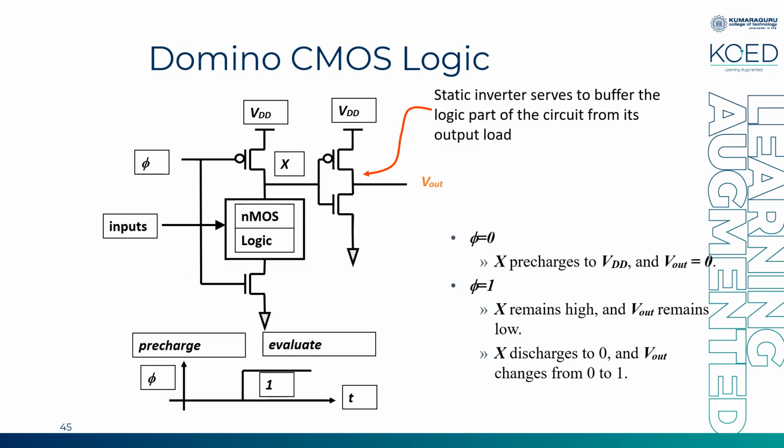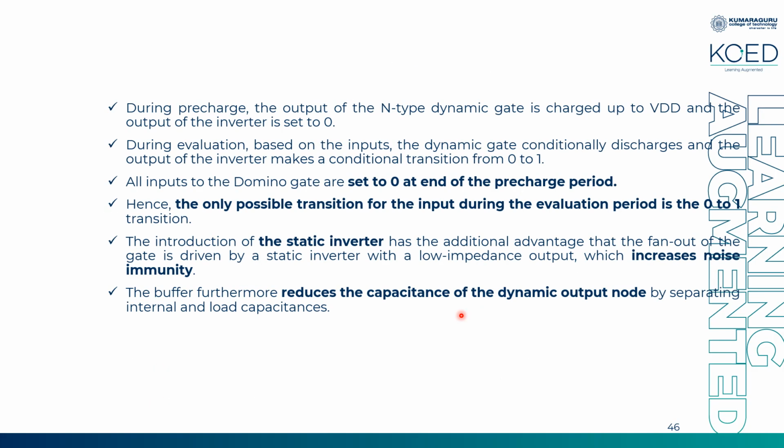In the pre-charge phase you will have charging up to VDD, and since the output is VDD, the output of the inverter will be 0. What happens in the evaluation phase? The evaluation transistor is on.